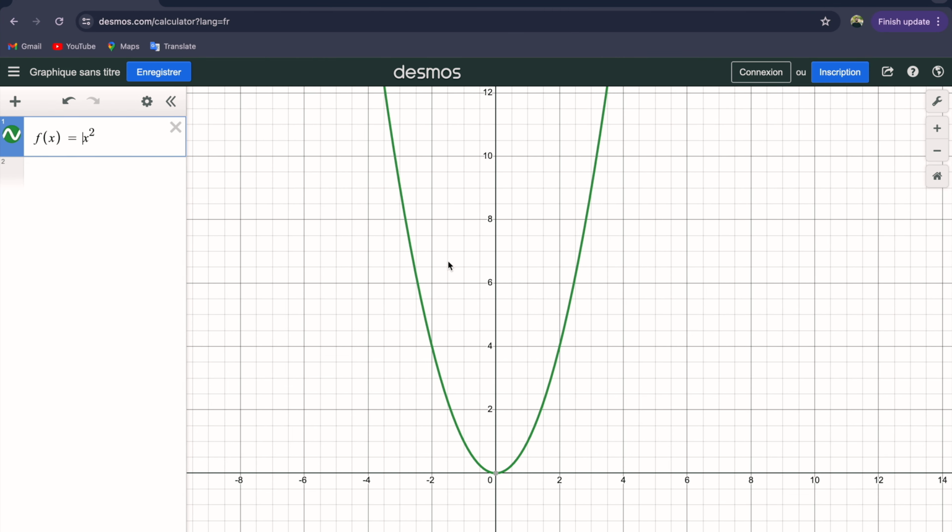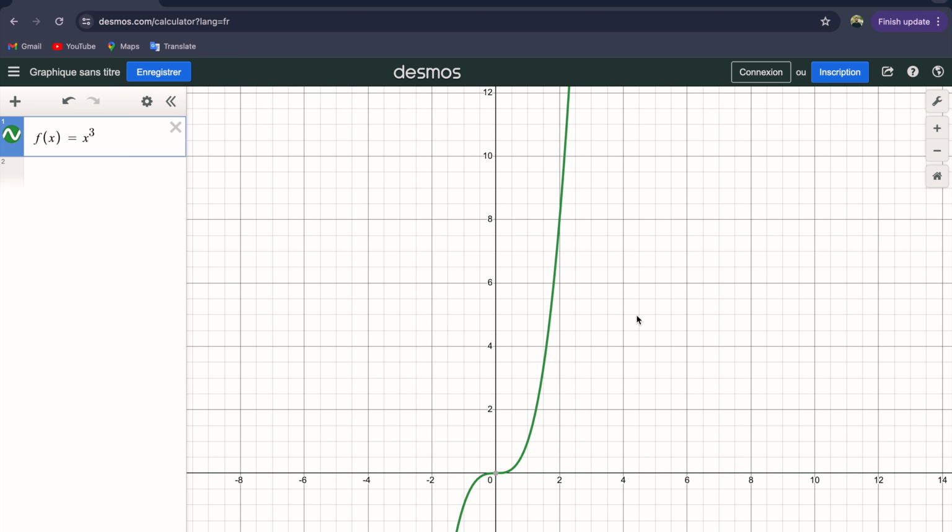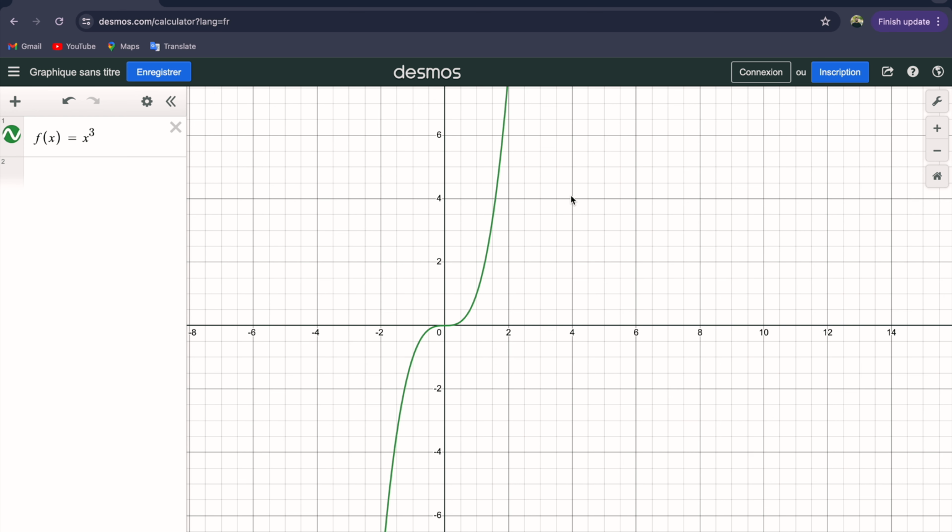We take x to the power 3. This is the shape of a cubic function. If we take x to the power 3 plus 1, you see it crosses -1 here and 1 on the y-axis, and it continues from minus infinity to plus infinity. This is the shape of a cubic function.